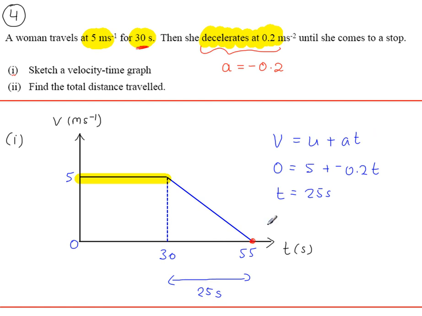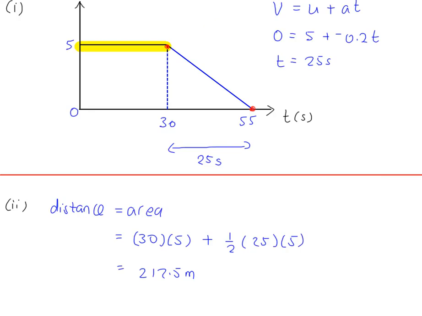So the final velocity here is 0, the initial velocity here is 5 meters per second, and the acceleration was negative. That gives us a time from here to here of 25 seconds. So the total time up to this point is 55 seconds. The total distance travelled is just the area of the rectangle plus the triangle, these two.